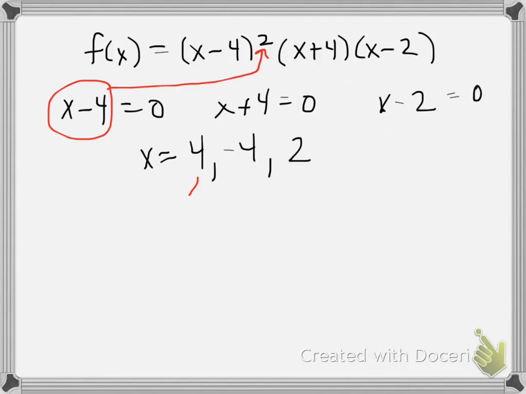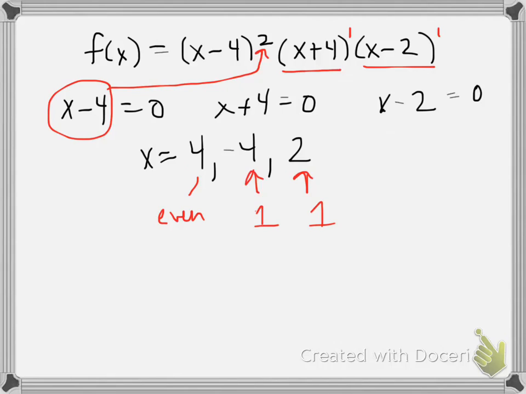So for x equals 4, we have even multiplicity. Whereas for x plus 4 and x minus 2, we just have a 1 power around the factor. And so for -4 and 2, the multiplicity is 1.